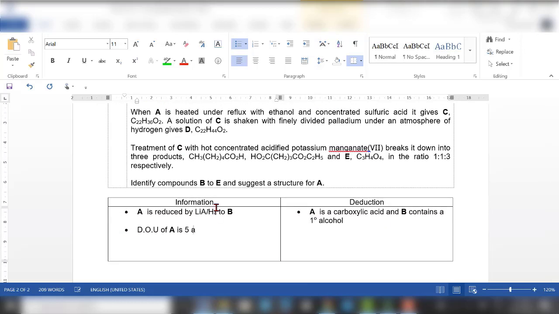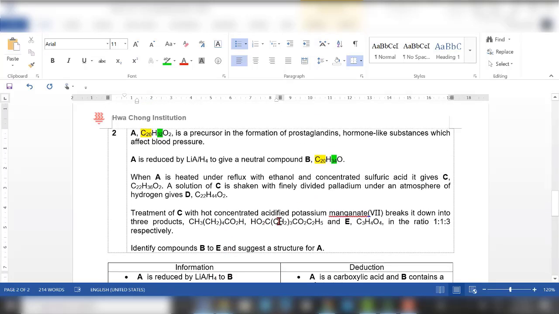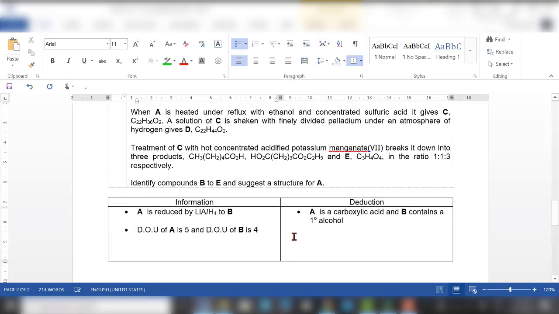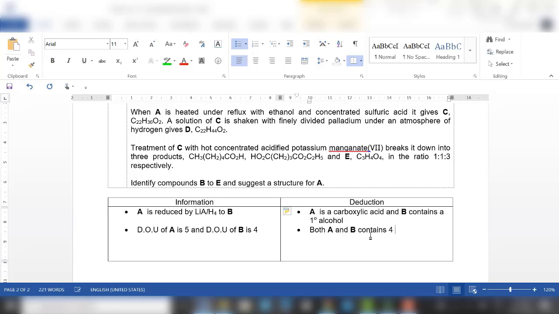The degree of unsaturation of A is 5, and the degree of unsaturation of B, I think you can easily do the calculation, it tells you that it's 4. Okay, so if you wish, you can make the conclusion that both A and B contain 4 C=C.